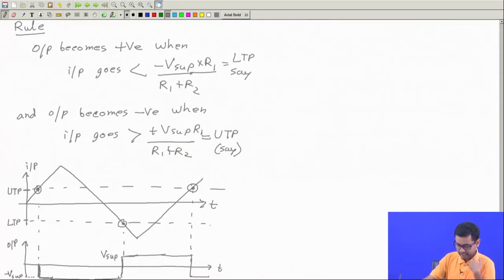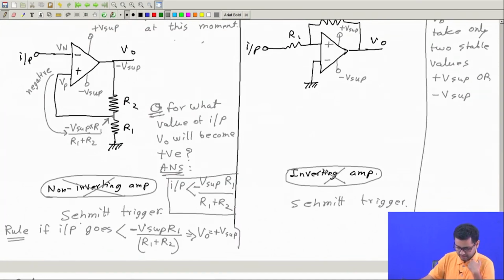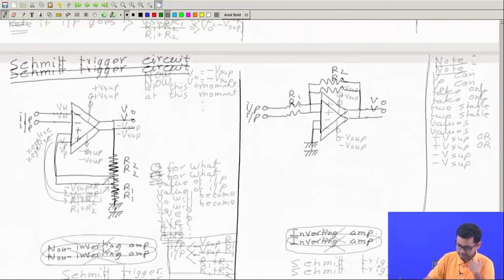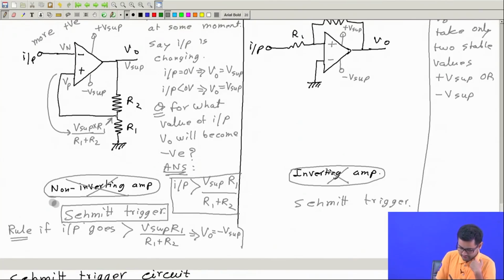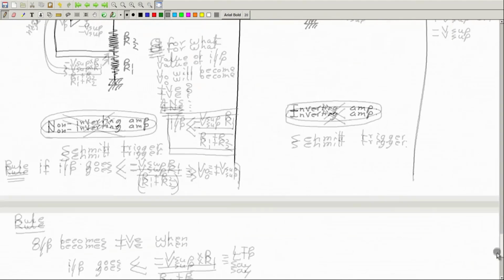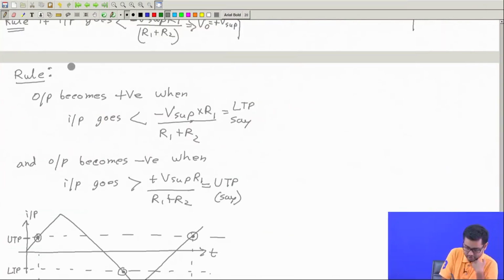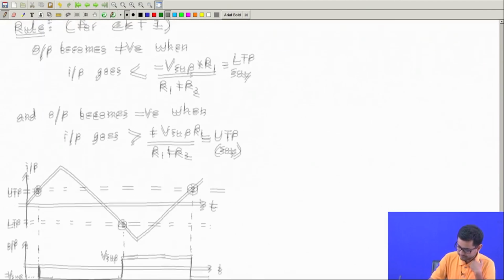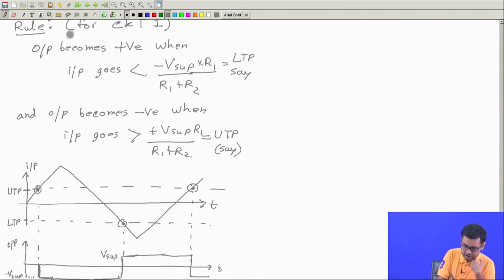Let me call this circuit 1, and let me call the other one circuit 2. So, what I have done here is for circuit 1.